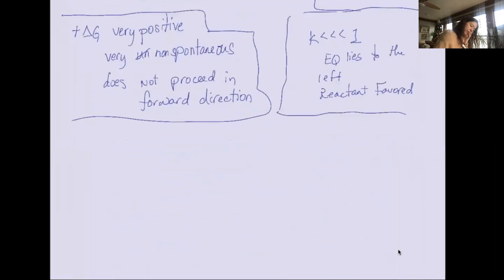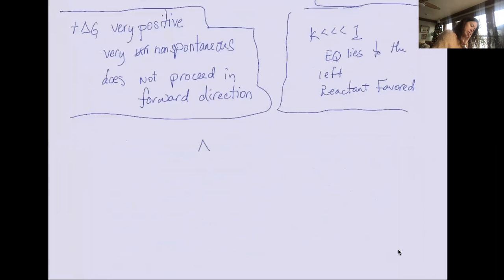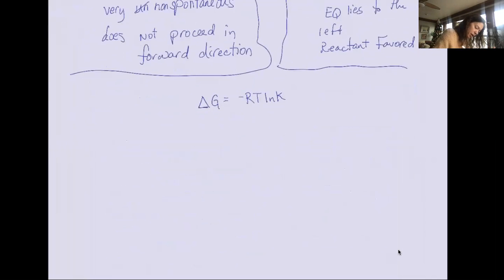One thing I would like for you to be aware of is this equation, delta G equals negative RT ln K. It could be standard or not, all right? This is obviously your Gibbs free energy. It's in kilojoules per mole. This is your gas constant. Look at the units, kilojoules here.